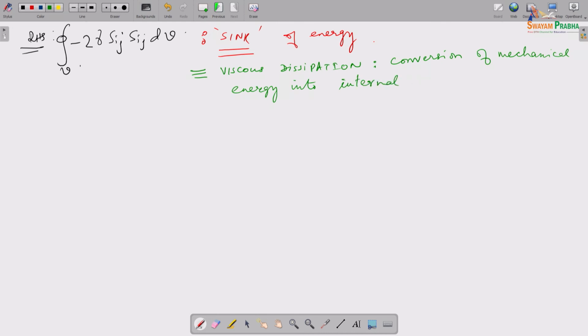Makes sense. So it's a sink of energy, it's always negative, so there's a constant inflow of energy.